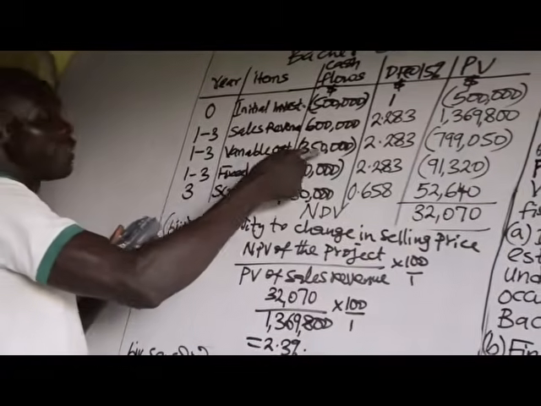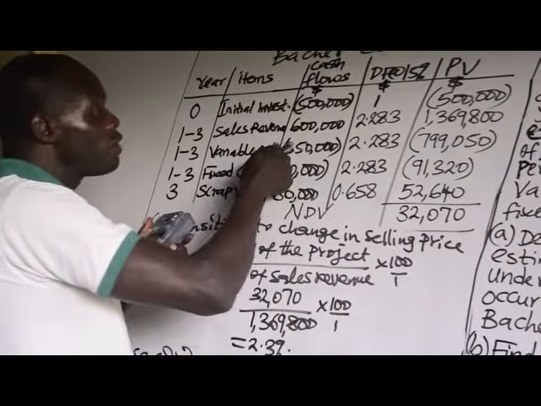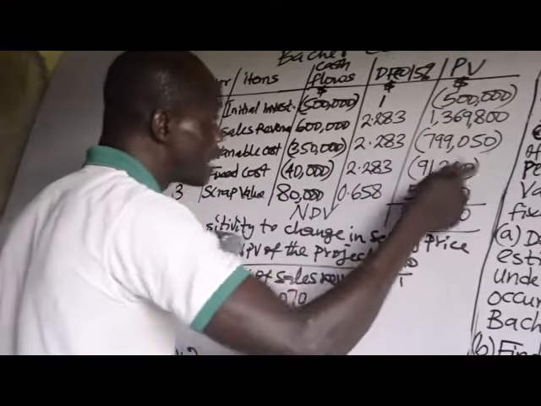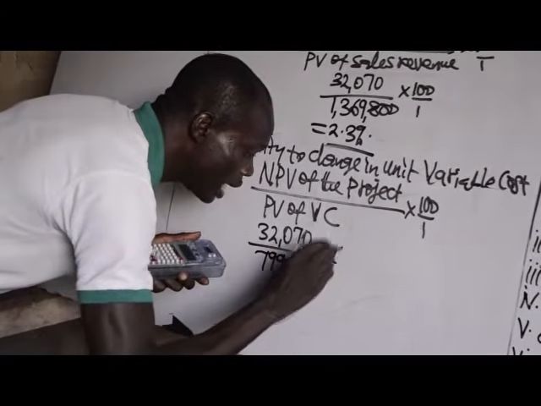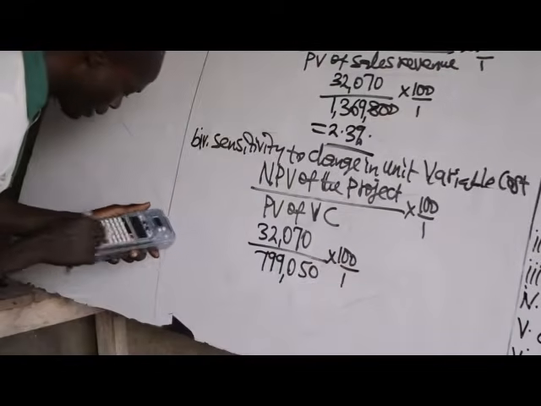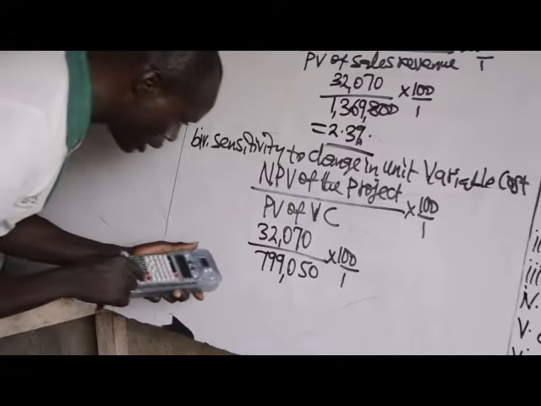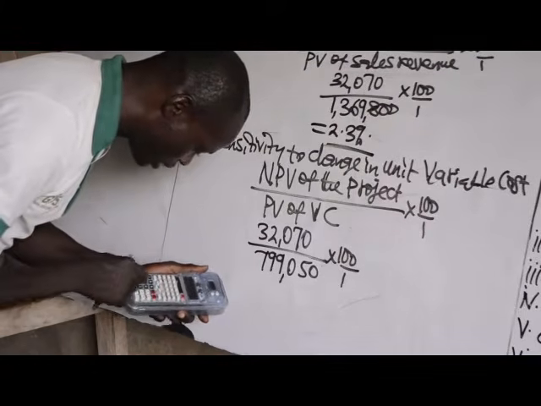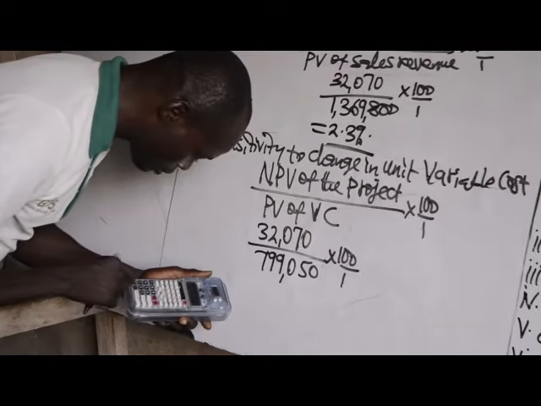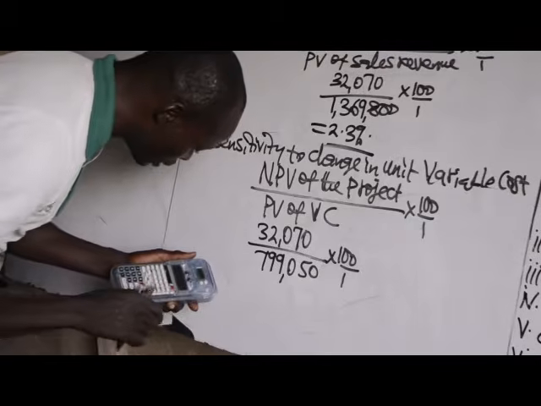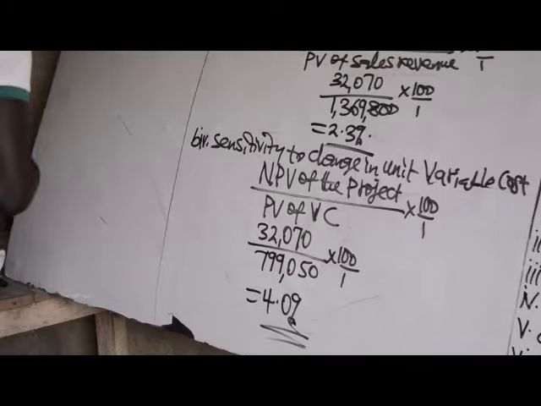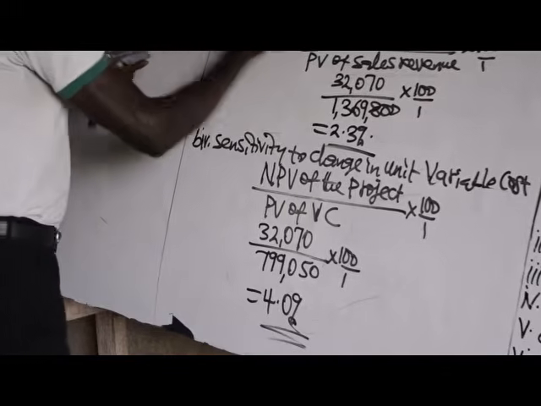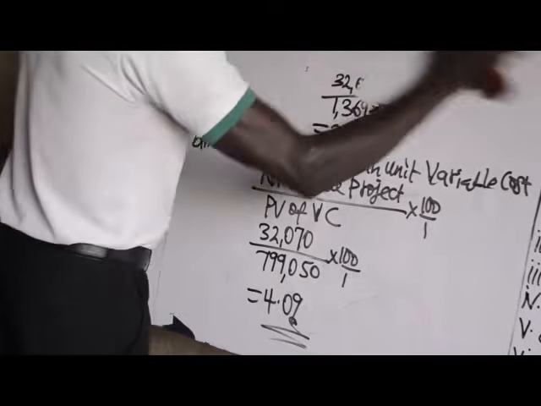Our variable cost is 350,000. The present value of 350,000 is 799,050. So we have 32,070 divided by 799,050 times 100. That gives us 4.0%. That is B4. Now, we want to take B5.